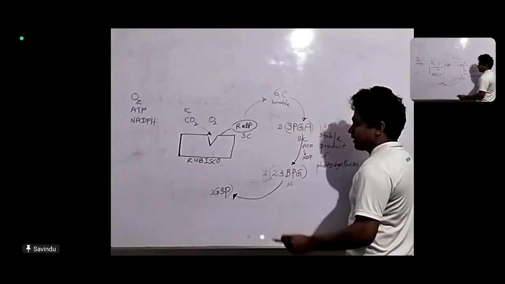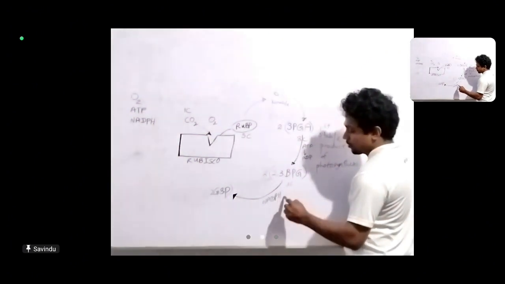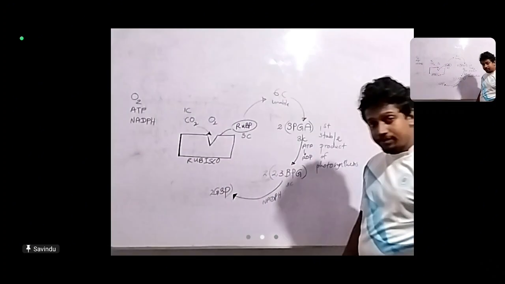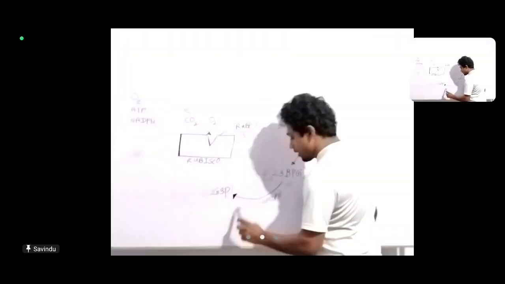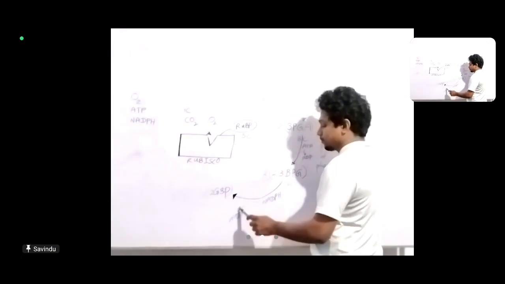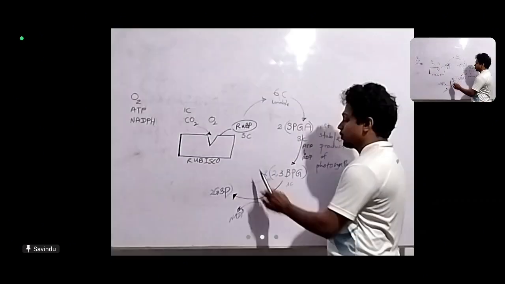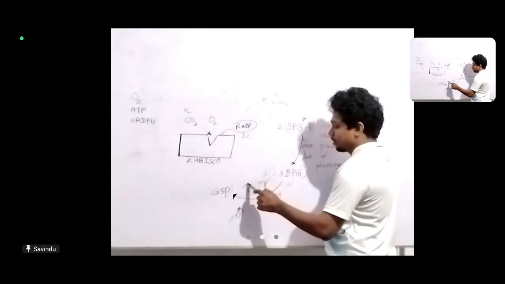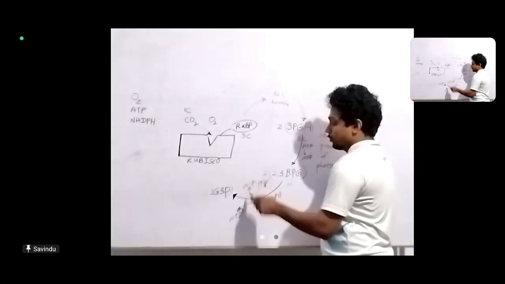For this reaction, all the NADPH saved from the light reaction turns into NADP, and some of the ATP is also used.